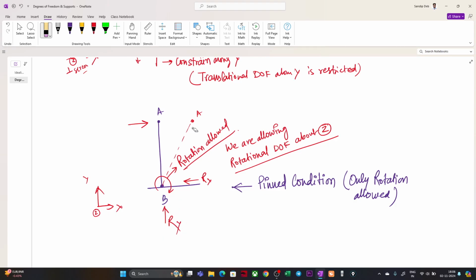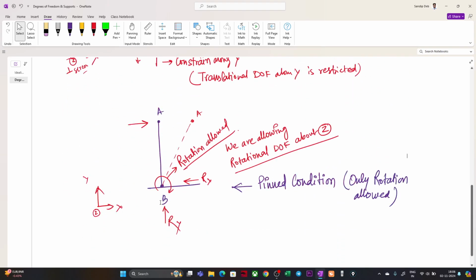So like this, by the degrees of freedom of a joint or of a whole structural element or system, you can define the supports. When you say a support, it will be assigned to a particular joint only, not to the whole structure. We will be assigning supports at different joints, each at a particular point.